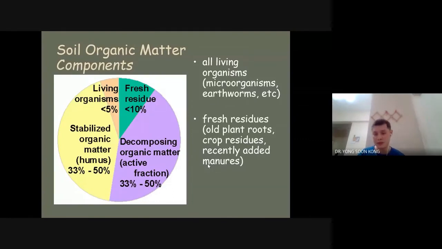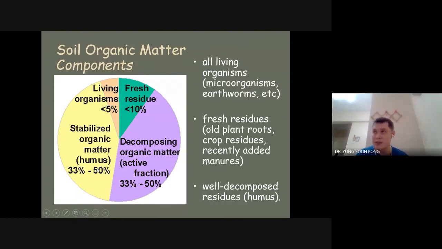Because ruminants like cow and goat, they usually feed on grass, so the manure majority of them is cellulose or the derivative of it. Whereas chicken manure, it's a little bit higher on the nitrogen content. Carbon still have, yeah. Well decomposed residue is called humus. So humus is right here. Now humus, I think we have a part that we can discuss later. So I think I'll skip and wait until that.